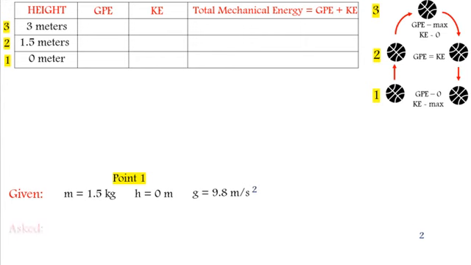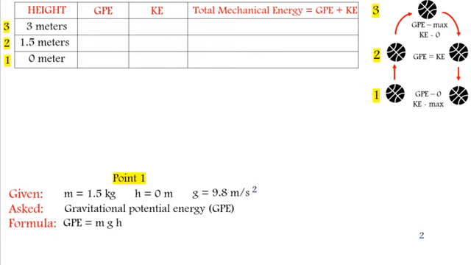And let us see what is asked. We are looking for the gravitational potential energy, or GPE. And the formula to be used is GPE is equal to mass times gravity times height. And because of that, we can now substitute the values. So our mass here is 1.5 kilograms.